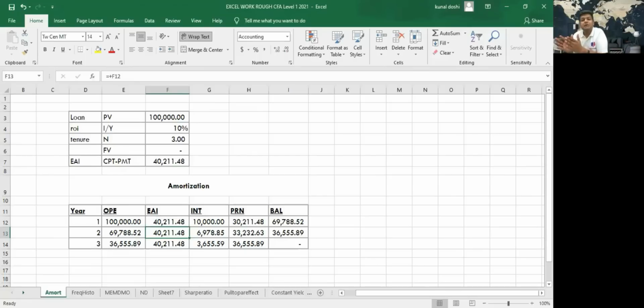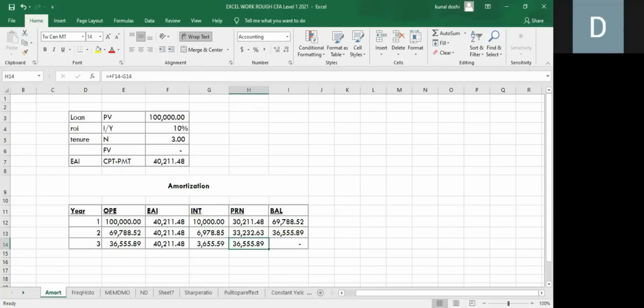The principal repaid is 33,000, which I subtract from 69,000, and the remaining balance is 36,000. I continue this for the next year. 10% on 36,000 is the interest component. The remaining is the principal component, such that the balance in my loan account at the end becomes 0 automatically. Are you with me on this, everyone?